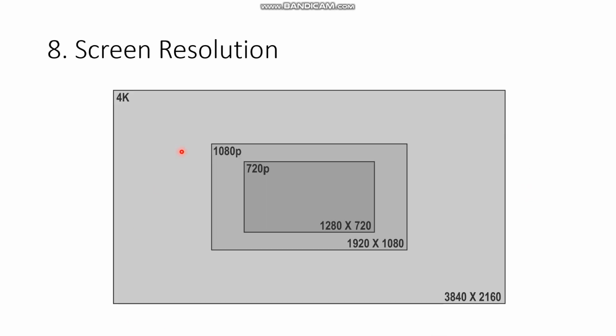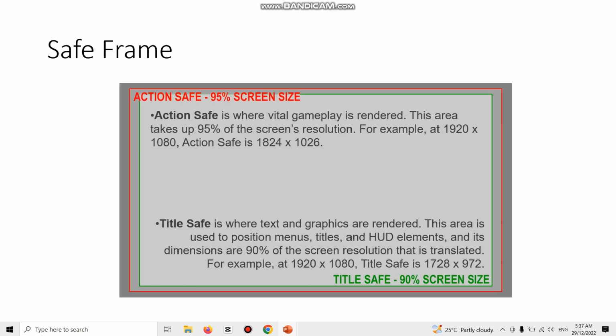Next, screen resolution. Okay, we have three. The first is 720 pixel, which is 1280 times 720. And then the next goes with 1080, which is 1920 times 1080.